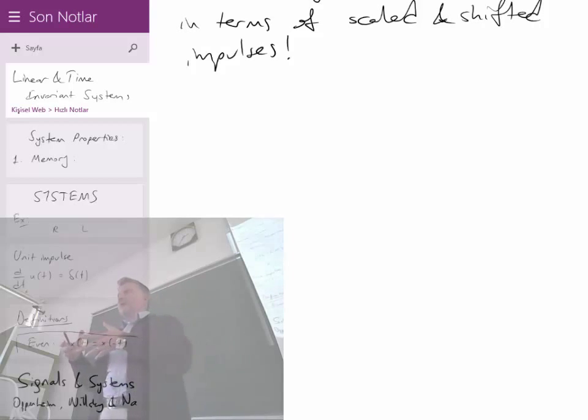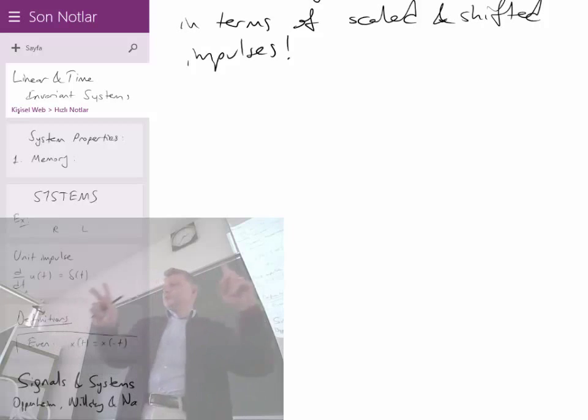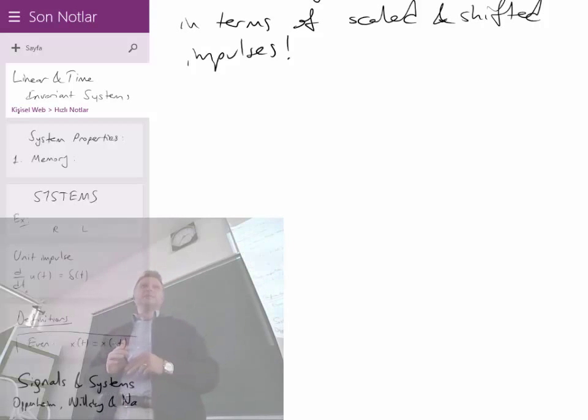So the outputs must also be a combination of the outputs. And knowing the response of your system to a single impulse is enough, because all the other inputs are just shifts of that. So the outputs will also be shifted and scaled simultaneously, at the same time.